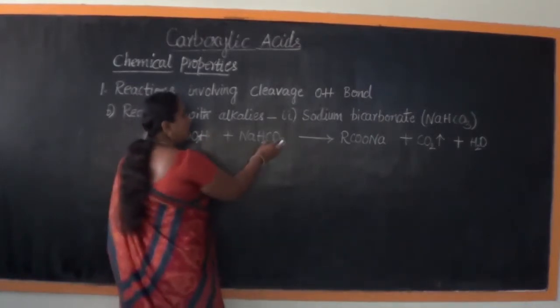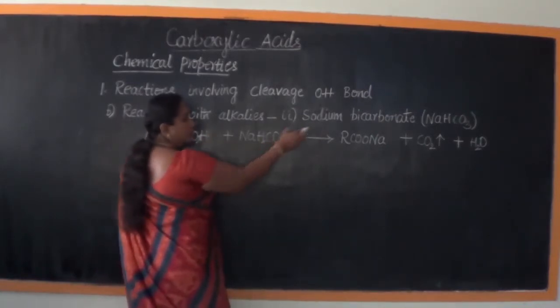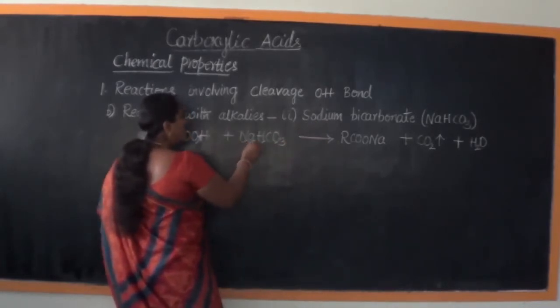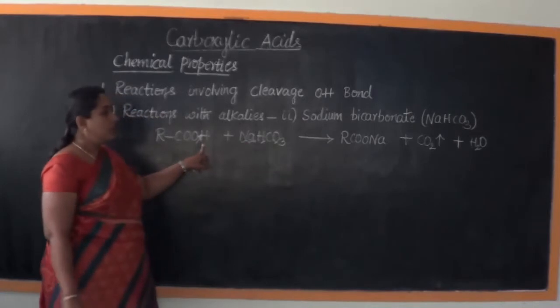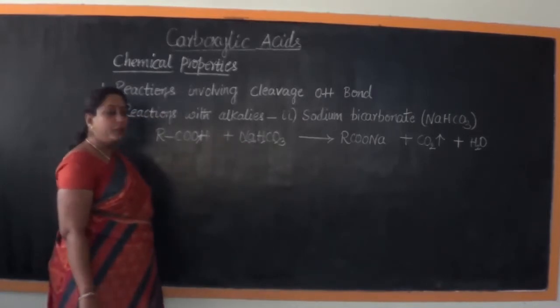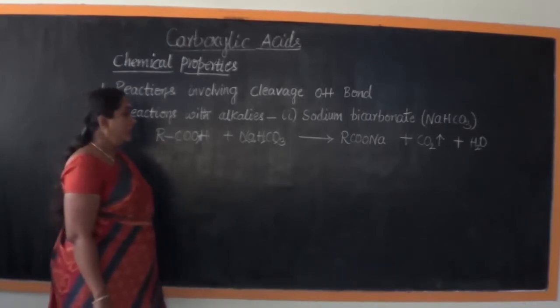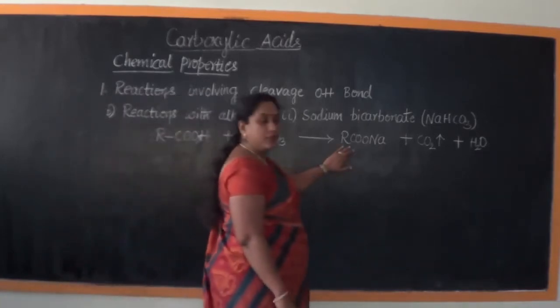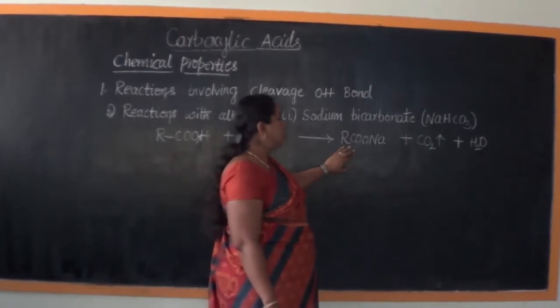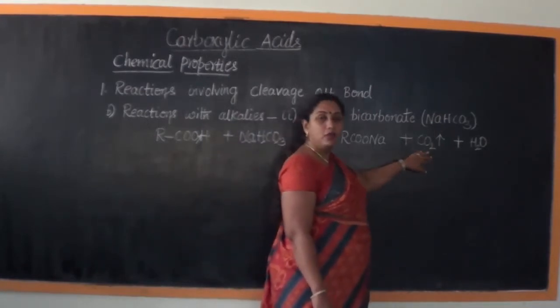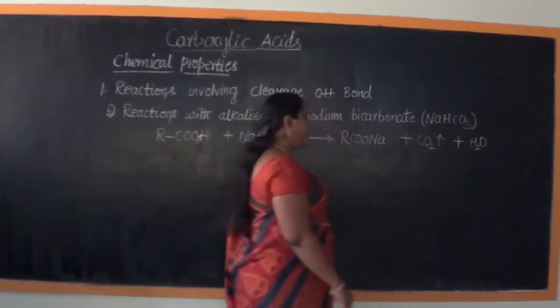Then C is left with 2 oxygen, which is going out as carbon dioxide, and Na will take the place of H. Therefore, we will end up in the formation of these 3 compounds, namely sodium salt of carboxylic acid or sodium carboxylate, liberation of carbon dioxide and water.